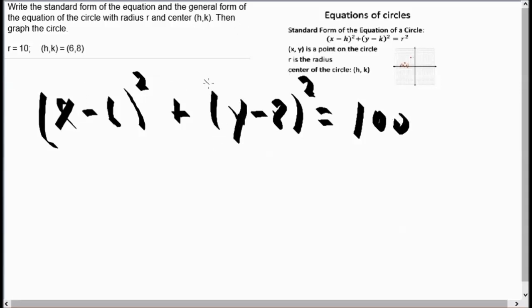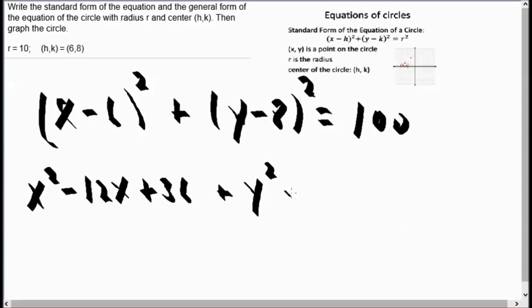Now to get to the general form, we just need to multiply it all out. So we get x minus 6 squared, which is x squared minus 12x plus 36. And this will be plus y squared minus 16y plus 64 is equal to 100.